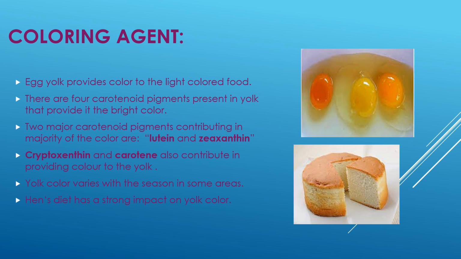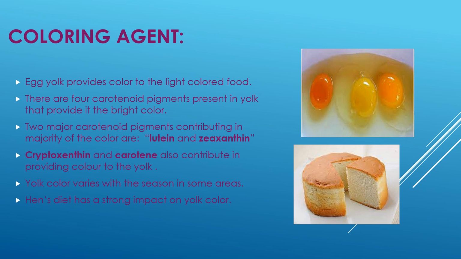There are some pigments present in the yolk that are responsible for giving color to the food. Those pigments are lutein and xanthin, cryptoxanthin, and carotene. These are the major pigments that give color to the food in which they are used.